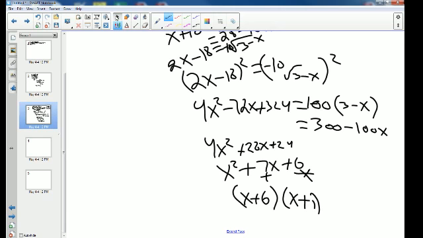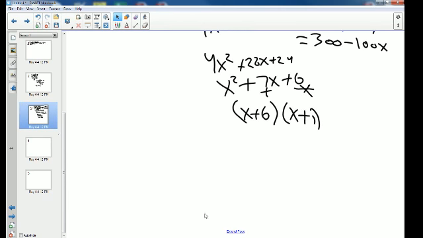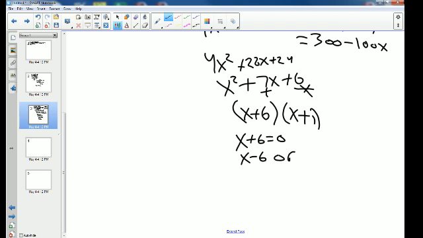From here, you solve for zeros. So x plus 6 equals 0. Subtract the 6. x equals negative 6. Or x equals negative 1. But unfortunately, you are not done because you have to verify your answer much like you did in the other problem.